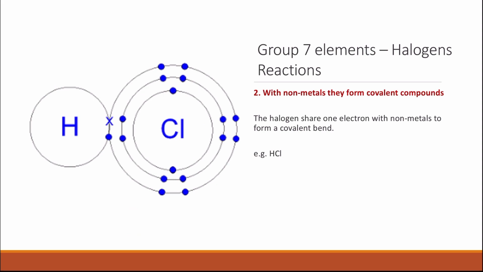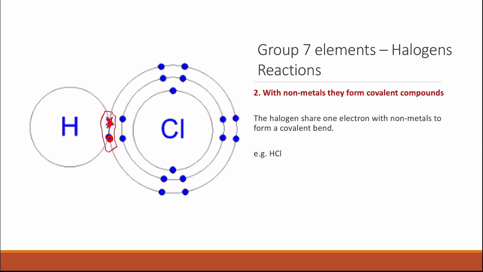So when we have hydrogen and chlorine and they react together, the hydrogen has only one electron in its outer shell. Chlorine has 7 electrons. So chlorine shares one electron from its side and hydrogen one electron from its side. And this pair of electrons from both atoms will form this bond, which is the covalent bond.